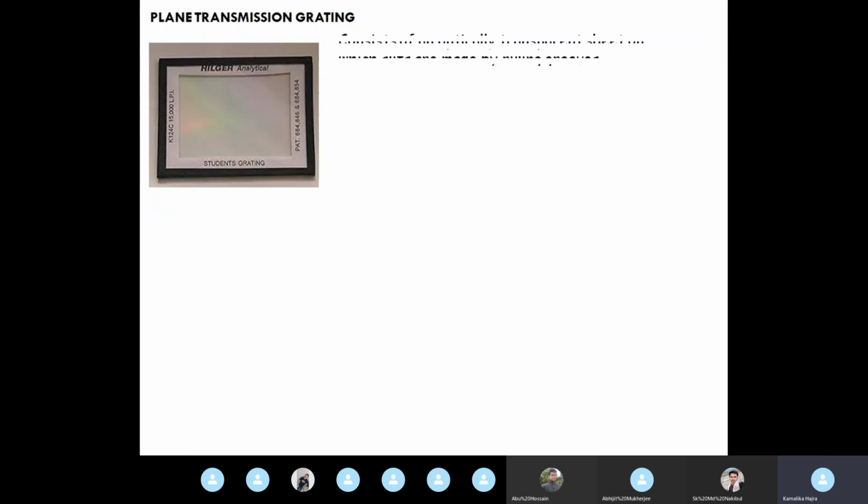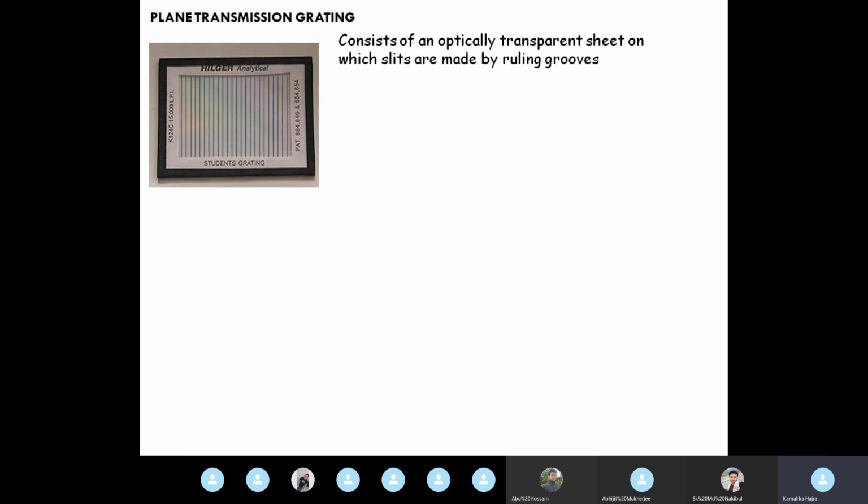It is basically an optically transparent sheet on which slits are made by ruling grooves. What does that mean? In the factory, a thin sheet of transparent glass is taken, and with a diamond cutter, such lines are etched into the glass.